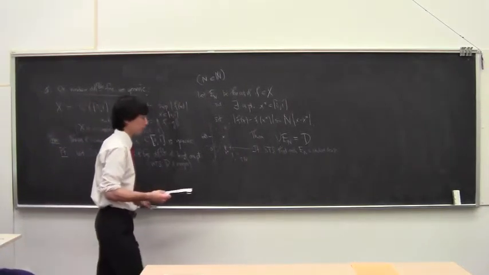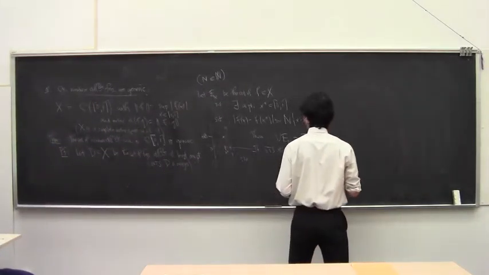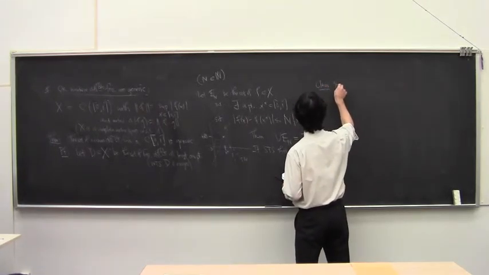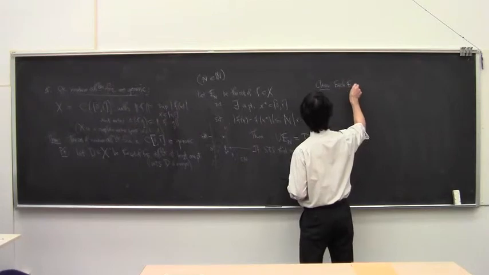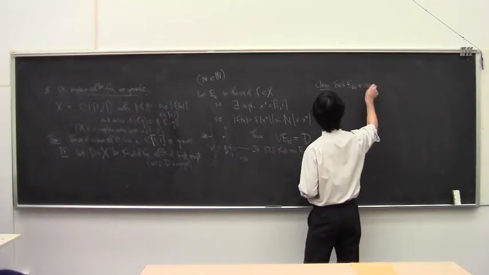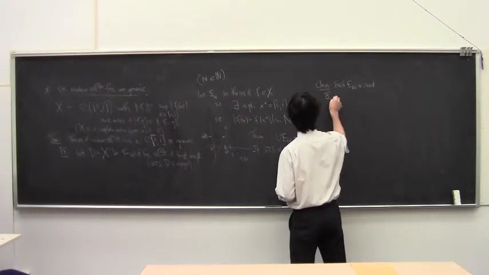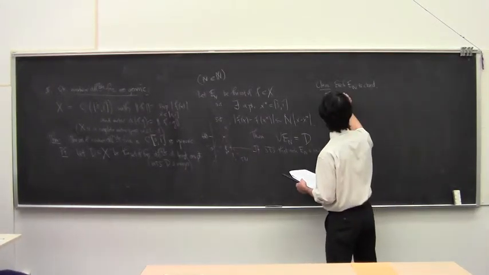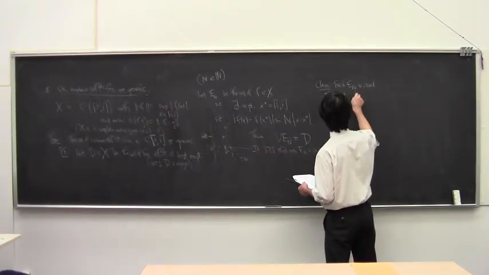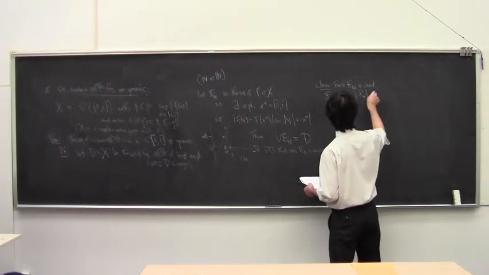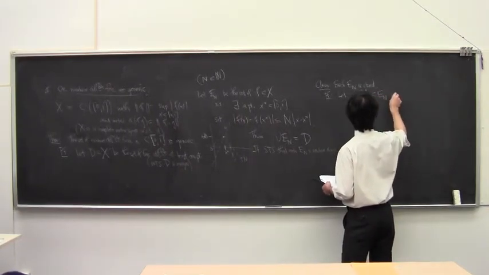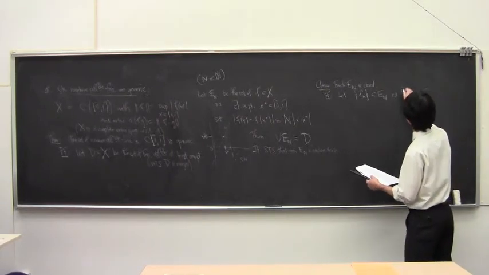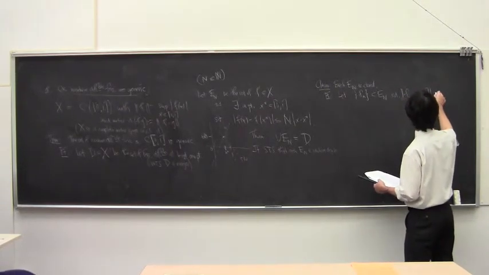So we'll do this in pieces. First claim is that each E_n is closed. Suppose you have a sequence f_n in E_n that converges to f in the sup norm.